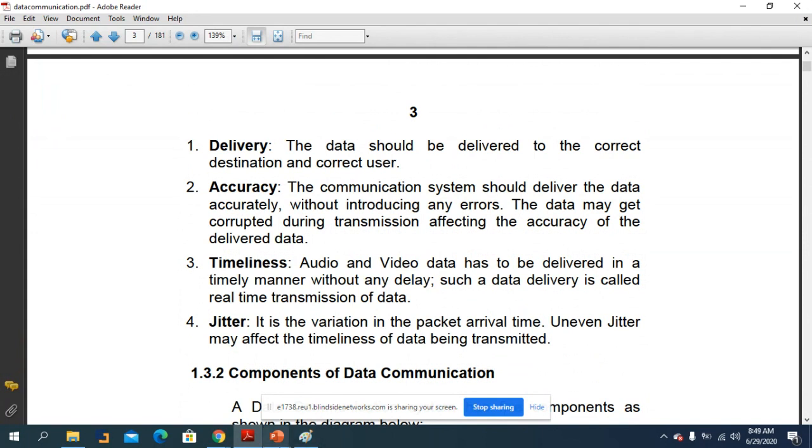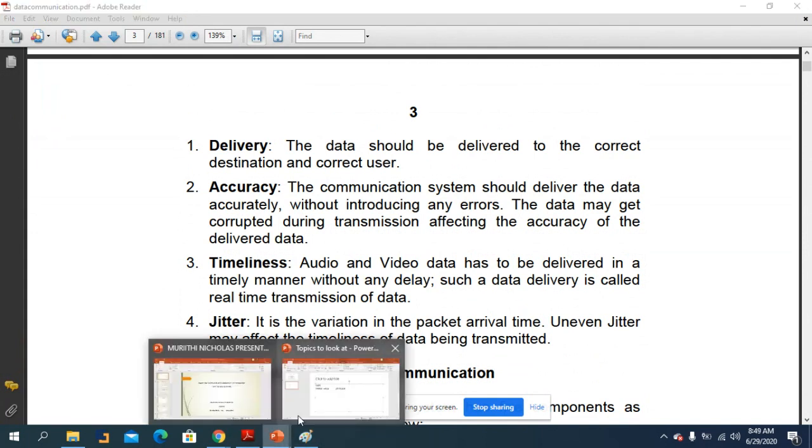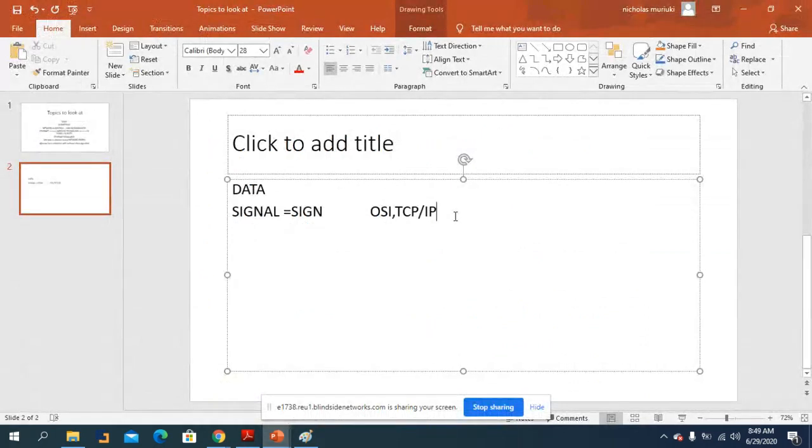And that's why we look at various aspects of communication. And I remember we said one way data can be corrupted is because of, one, distortion. Two, you can have what you call attenuation.